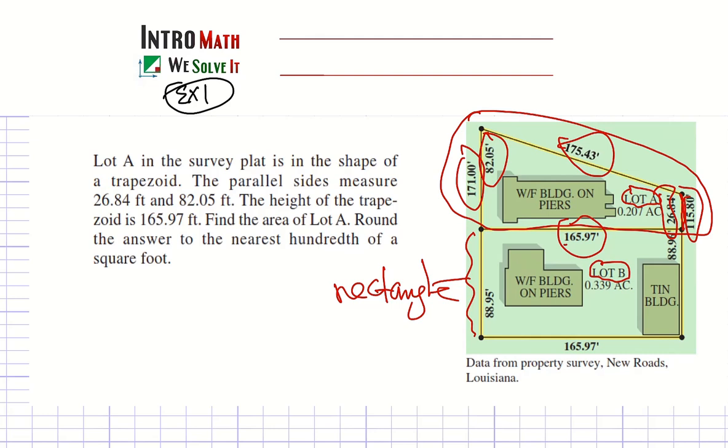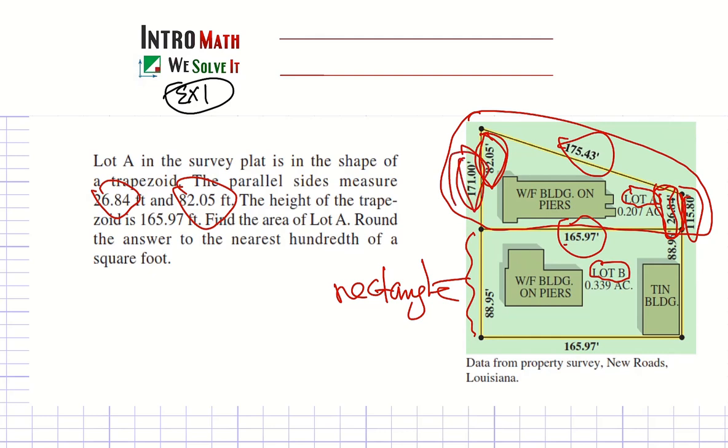They gave you the 26.84. It's all confusing. And they gave you the 82.05, which is this part here. I don't know why they wrote this one here.